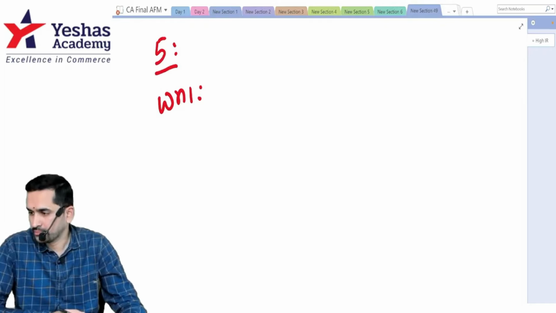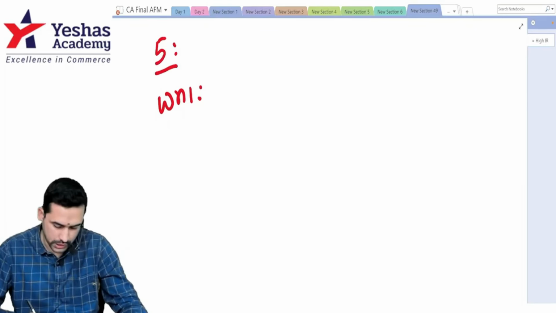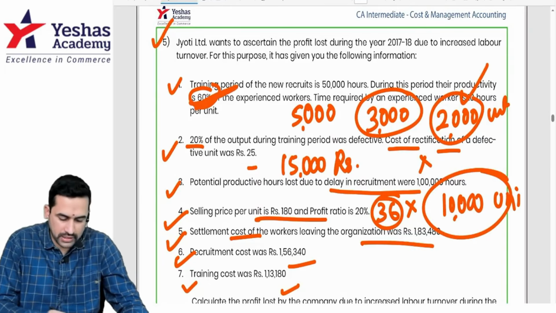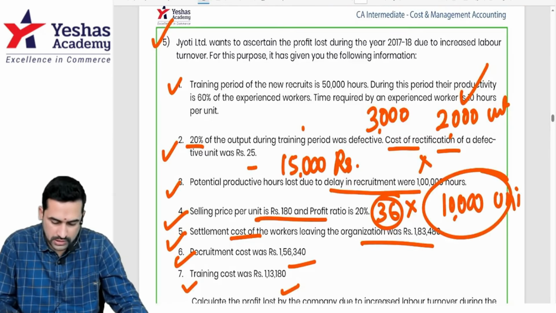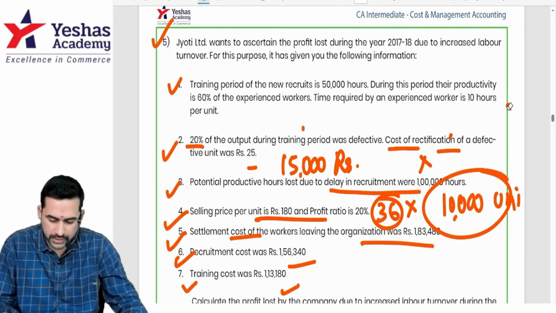Working note 1. Go to the first adjustment. It says training period 50,000 hours, and experienced employees would have produced 50,000 by 10, that is 5,000 units. But these new employees will only produce 60% of that.